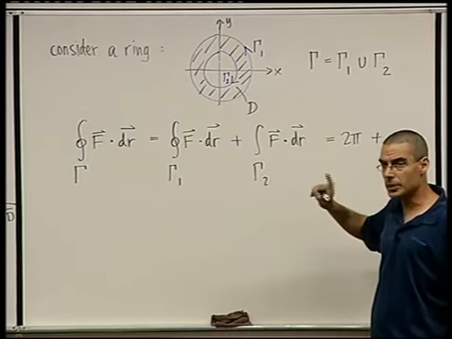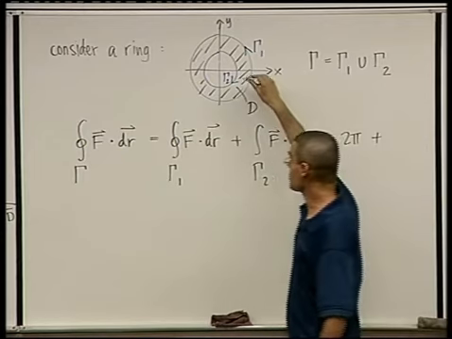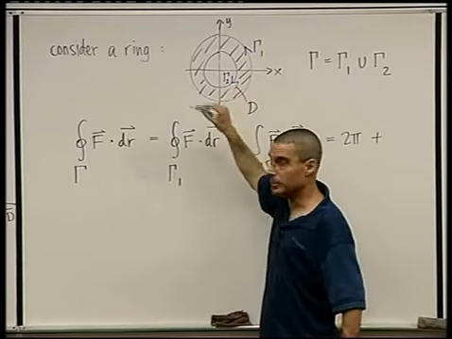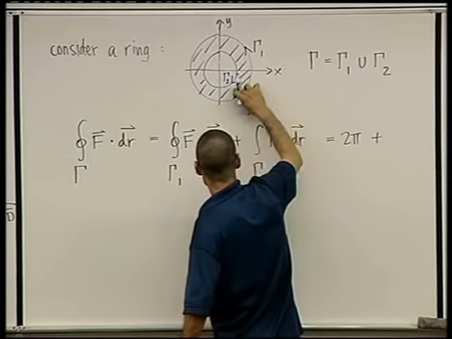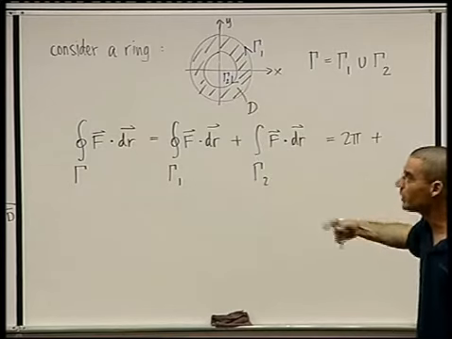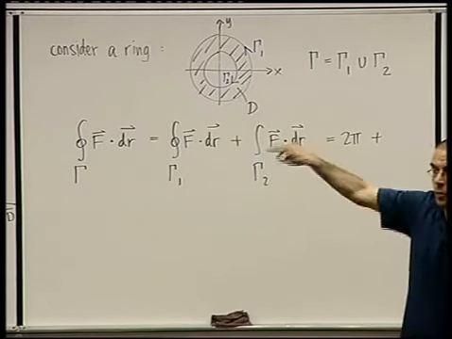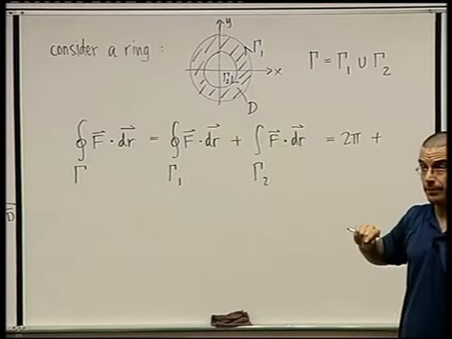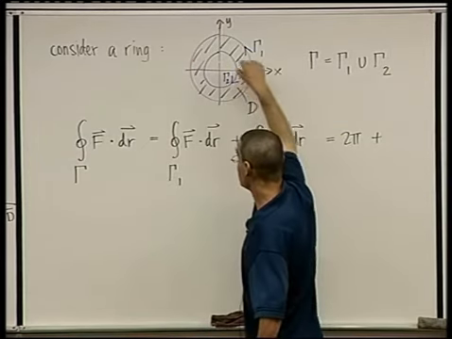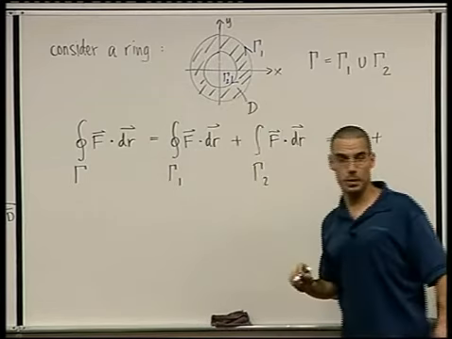Not exactly, almost. Gamma 2 is a circle around the origin, but it's oriented positively with respect to D, but it has the opposite orientation to the curve for which the work was 2 pi. So what's going to be the work along gamma 2? It's going to be minus 2 pi.